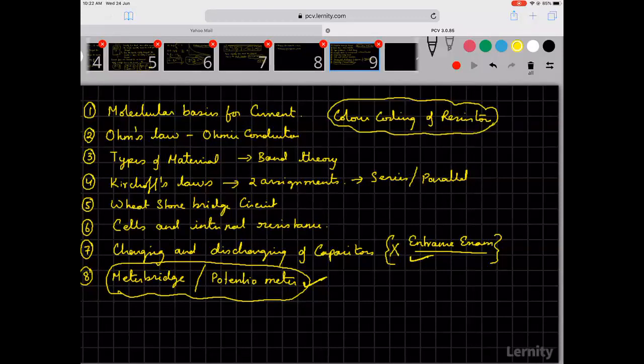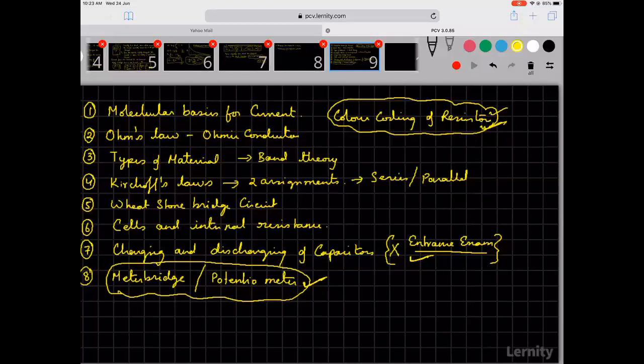It makes sense when you see it, without seeing it doesn't make sense. When you go to your labs, they will show you a resistor and teach you how to find out the resistance based on the color codes. I will also try to show you at the end of it and see if we can work it out. Right now, we will work out meter bridge and potentiometer.